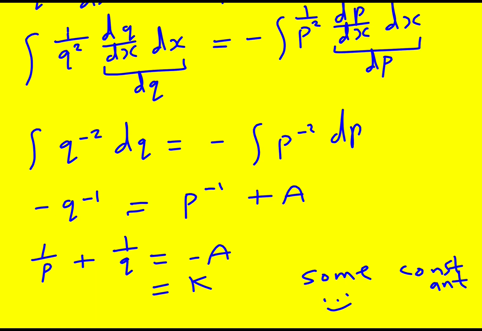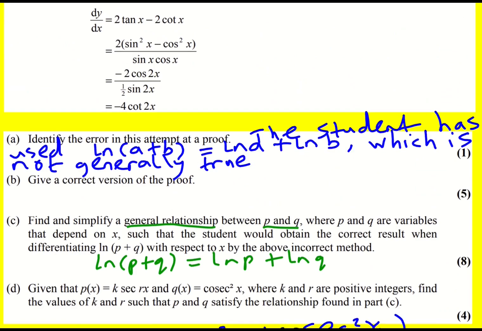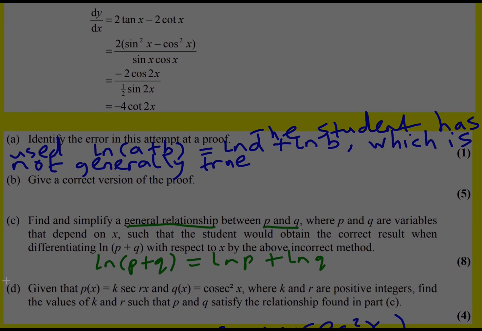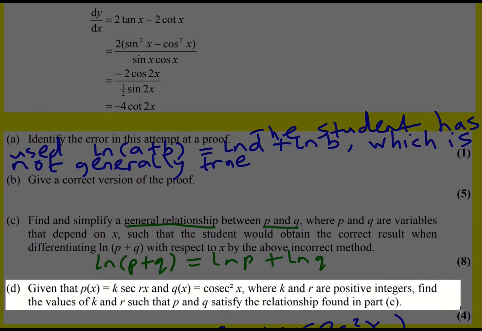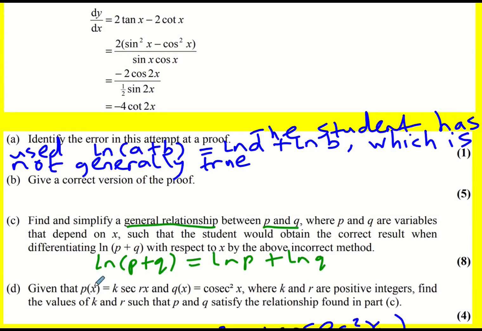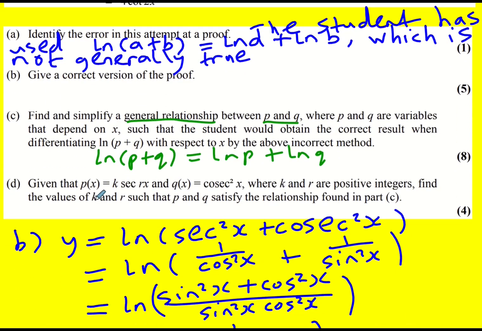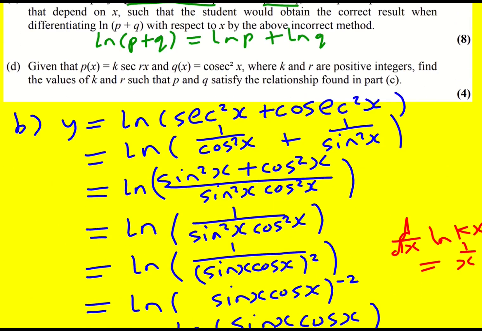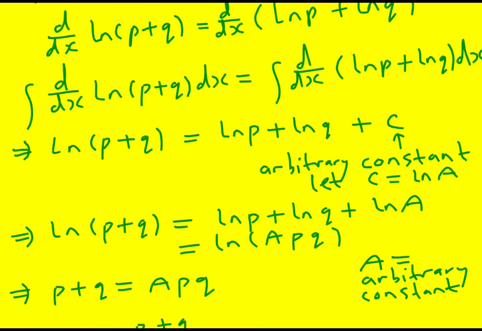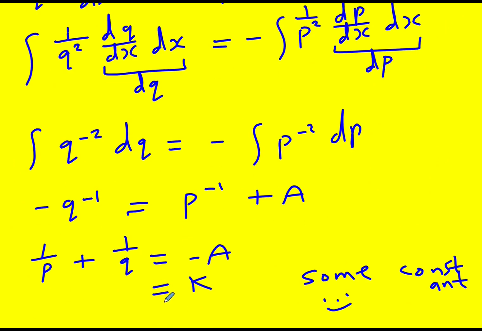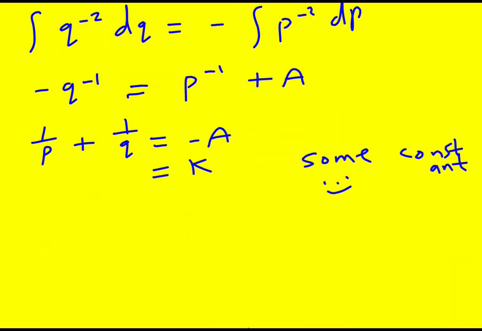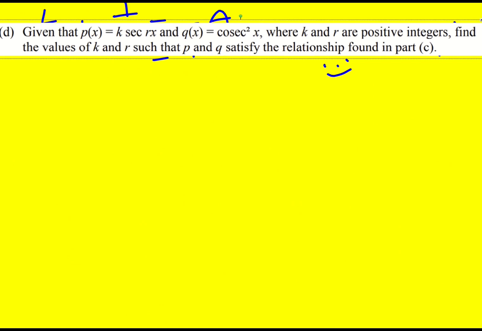On to the final part of this question, which is no less awkward, if I'm being honest. So it's quite interesting now, because now we're given a different set of functions p and q. We've got cosec squared, but now it's k sec rx. And we're interested in finding the values of k and r such that it will satisfy the relationship from part C. The good news is we have this relationship from part C, the fact that when you add the reciprocals you just get a constant.